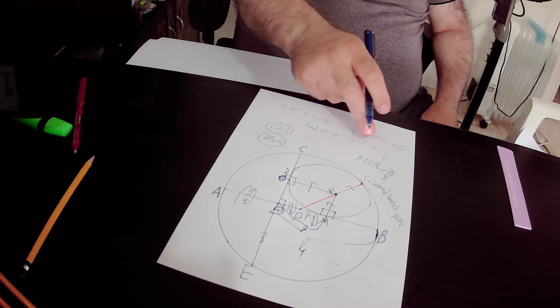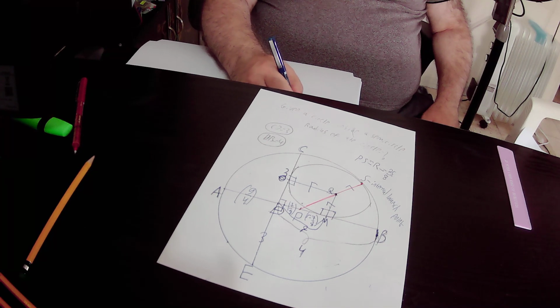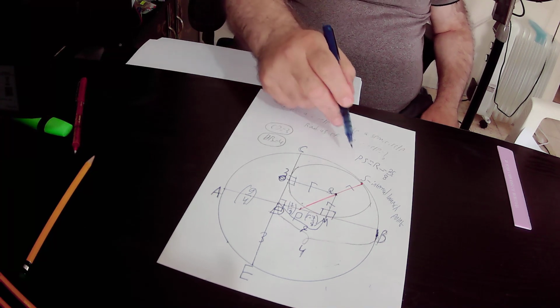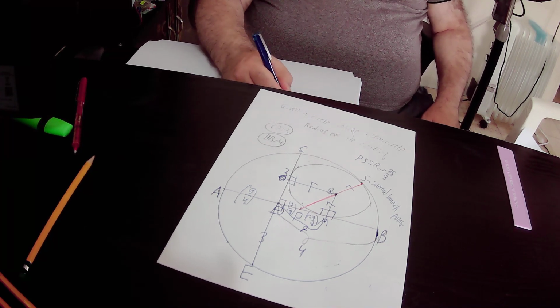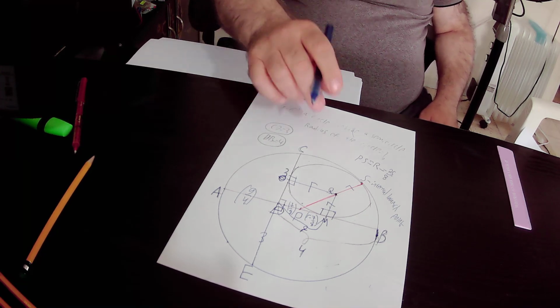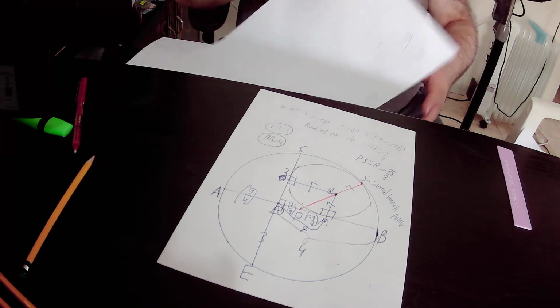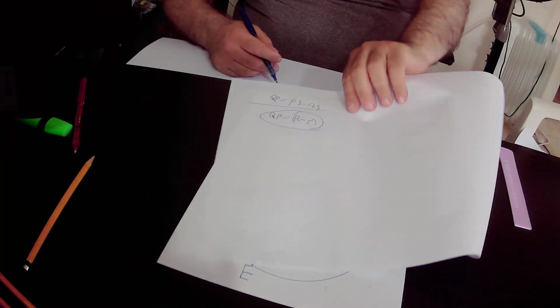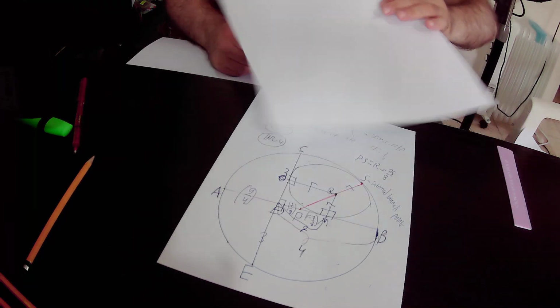We already found out that PS equals capital R, and QS equals small r. So in conclusion, line segment QP equals capital R minus small r.